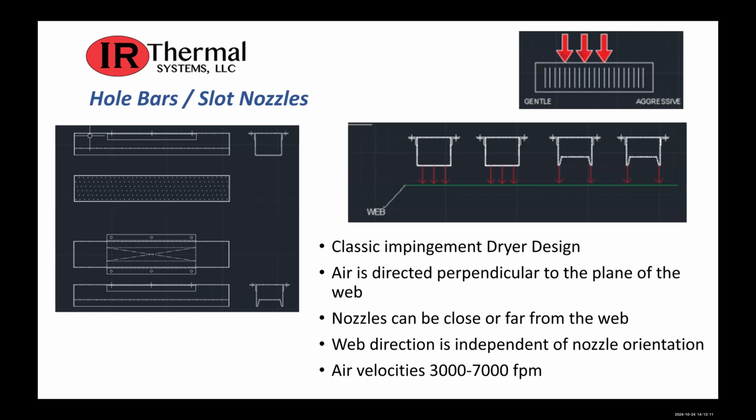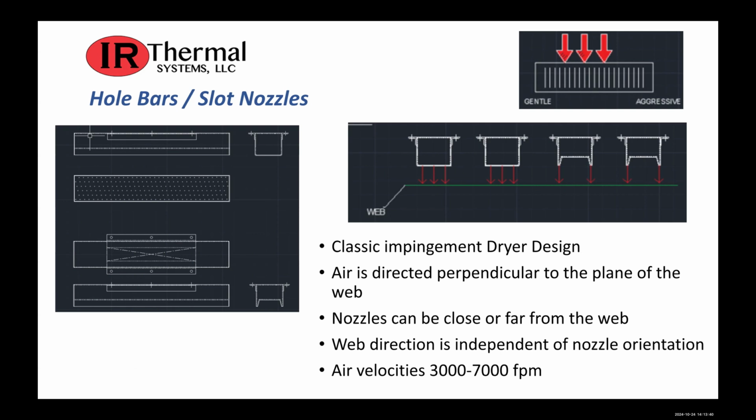One of the most common types of dryers out there is the classic impingement dryer, and this utilizes hole bars or slot nozzles. The hole bars have a series of non-lined up holes in a pattern so they don't cause streaking, whereas a slot nozzle has one or two slots that direct a jet of air across the entire width of the web direction.